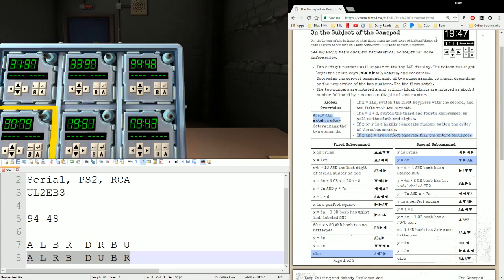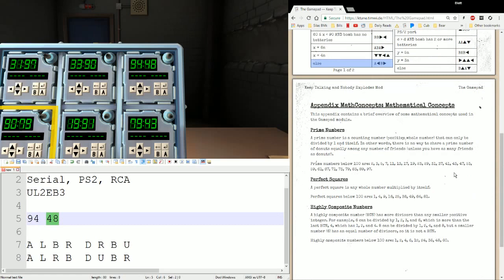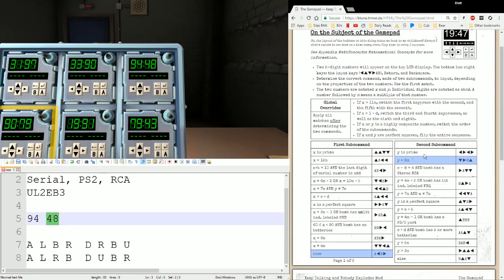If x or y is highly composite. 94, that's not highly composite, but 48 is on our list of highly composite numbers. So we have a second override this time. We're going to switch the order of the subcommands. What that means, I didn't clarify that, so I kind of threw you for a loop here, is we're just going to do the second part first and the first part second.